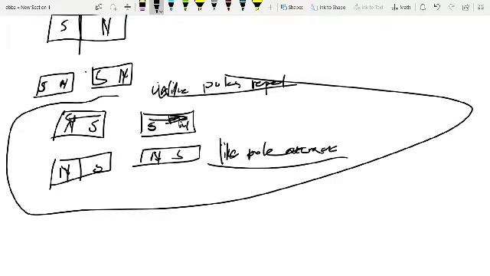For them to experience an attraction force between them, these arrows have to be facing directly each other, because these ones, if we say the domain is from south to north, they are going in the same direction. Therefore, they are going to attract each other, right?